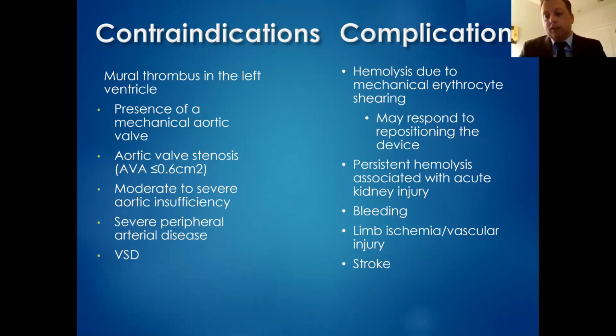At times you may have to back off on the speed of the Impella to allow the RV to be able to keep up. Persistent hemolysis may also result in an AKI. Bleeding, of course, is one thing we get concerned about, and these patients will be on heparin. Limb ischemia, as this is a large cannula that you'll be placing in the leg, and then also stroke.